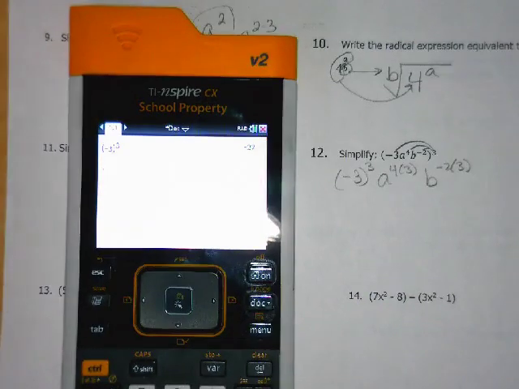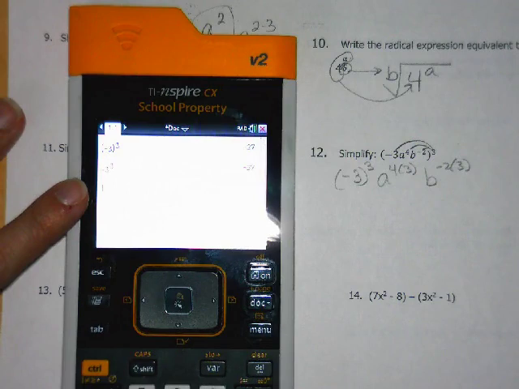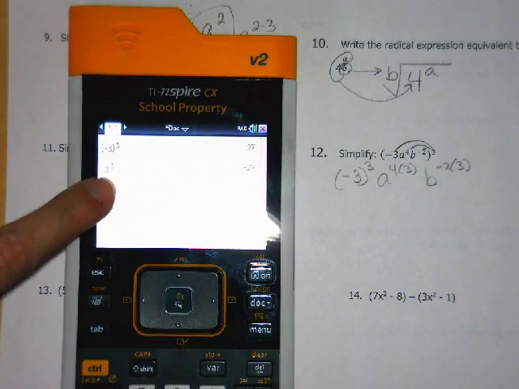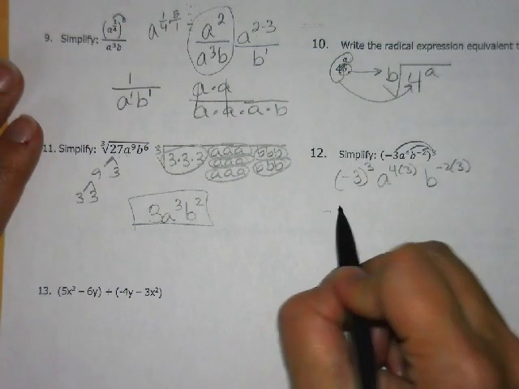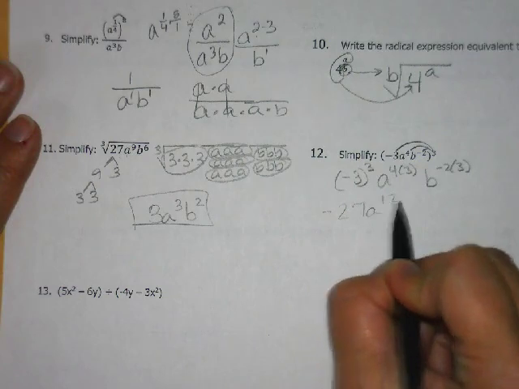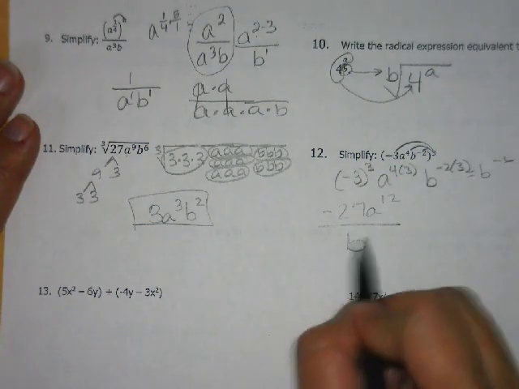So 27, because remember, negative 3 to the third power, this one happens to be an odd power, so it'll work. But if this was an even power, it wouldn't work. So make sure you put your negatives in parentheses, negative 27, a to the 12th. This is b to the negative 6, so I'm going to actually put it down here.